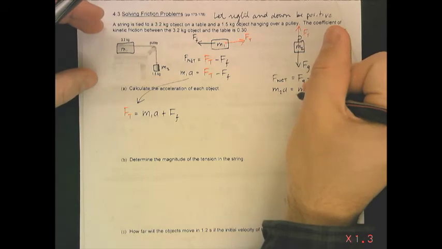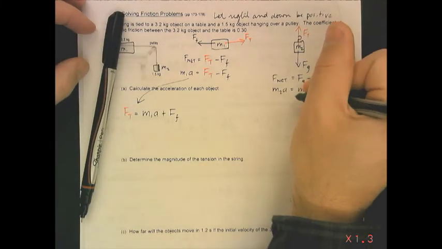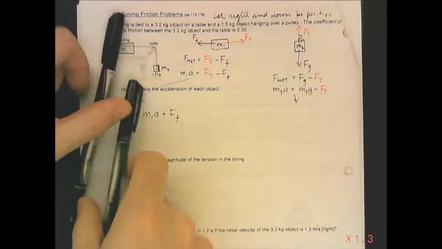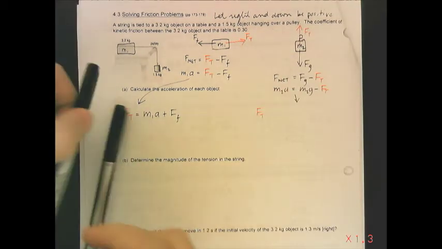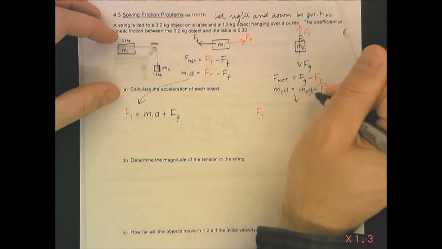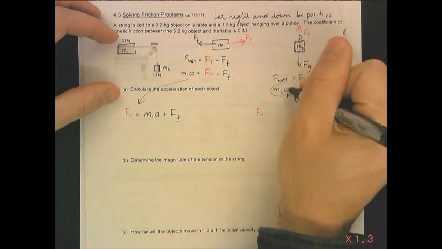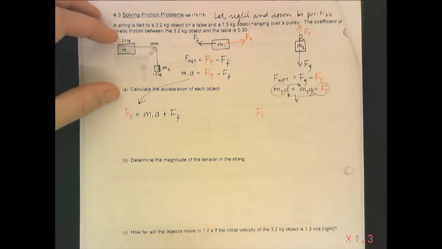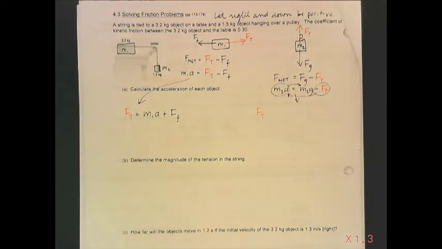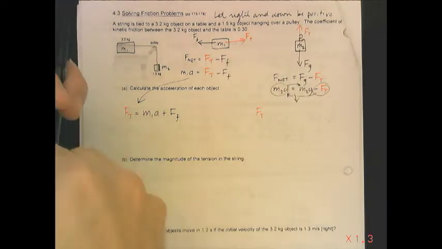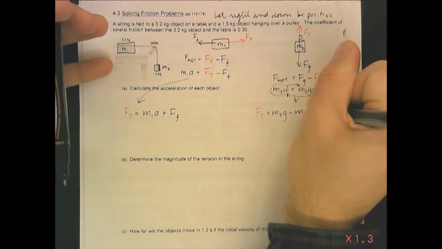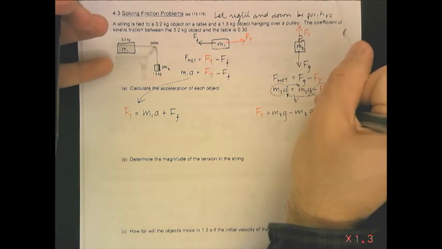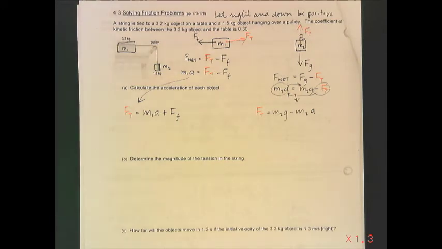And this guy here, we're going to say tension, I'm going to bring this tension over the equal sign, and I'm going to bring the M2A on the other side. So we get tension is equal to M2G minus M2A. Good.